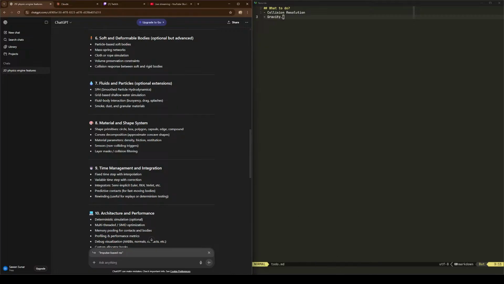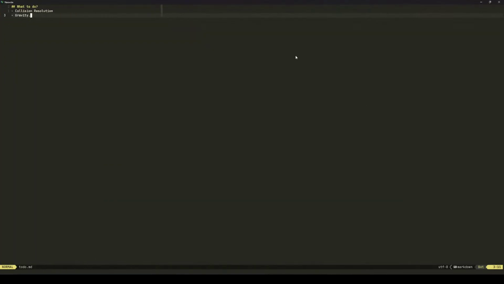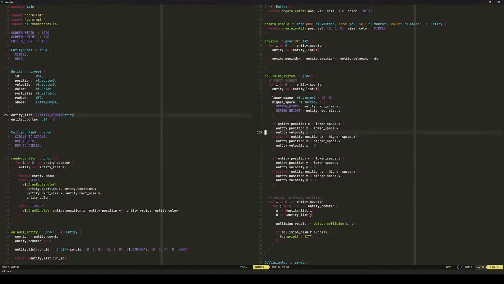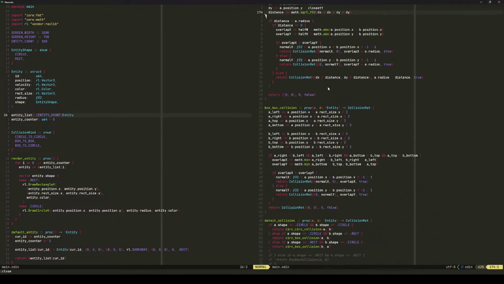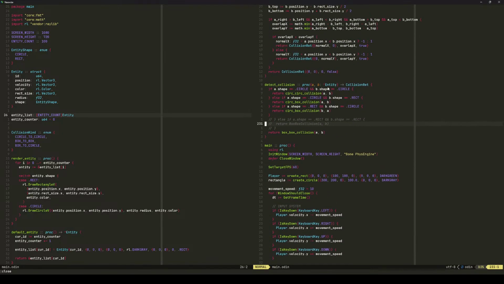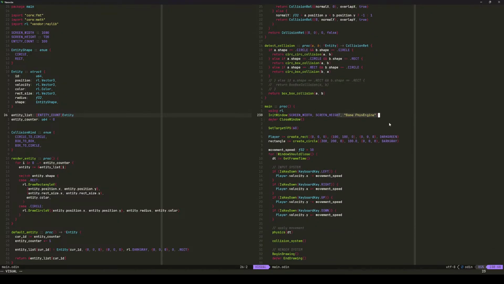Do I have something? Gotta see the reference. Okay, let's just do the normal thing. Resolution. Basic physics engine.